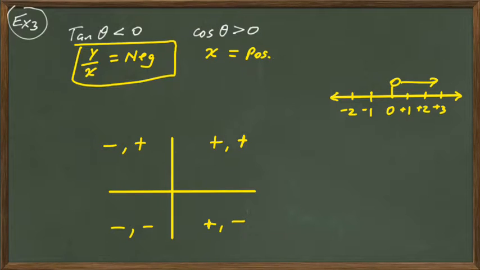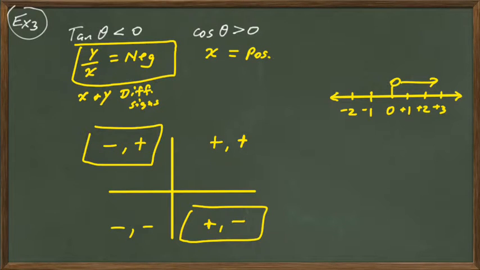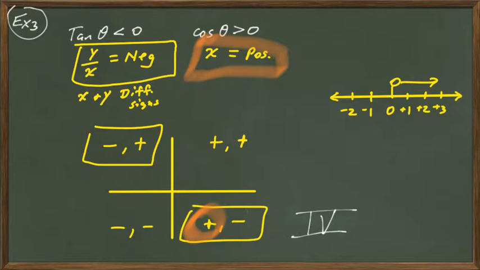So for this to occur, x and y must have different signs. So different signs would be this one and this one, right? Which one has a positive x? So what quadrant am I going to answer for this? The quadrant is 4. Because the x is positive, which means the cosine is positive, and y and x have different signs, which means the tangent would be negative, right?